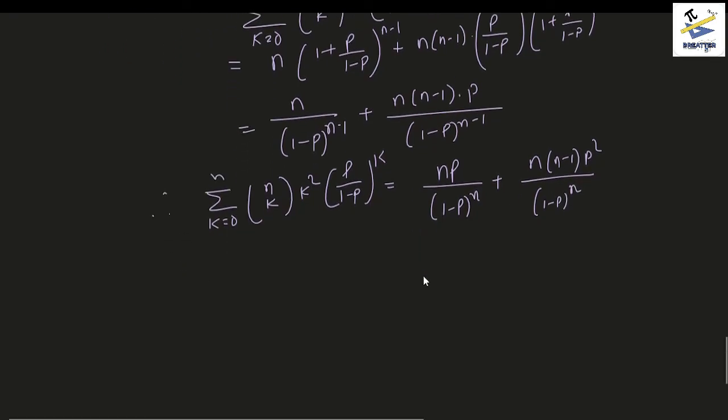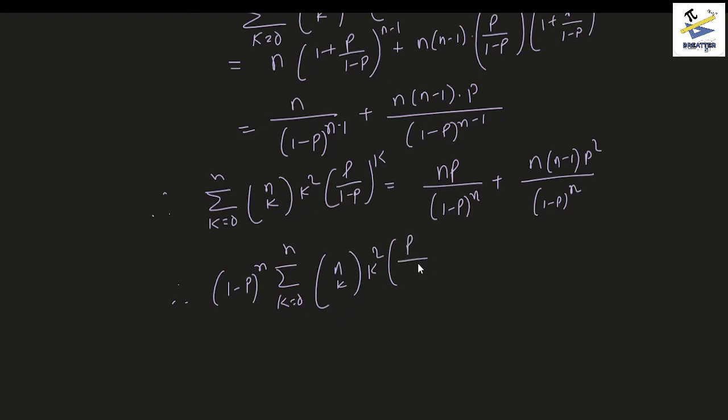And now if you multiply both sides by (1 minus p) to the power n, it will become (1 minus p) to the power n into summation k equals 0 to n nCk k squared (p by 1 minus p) to the power k equals np plus n into n minus 1 p squared.